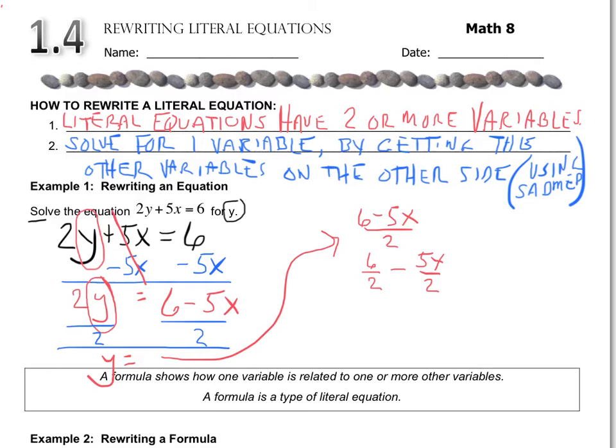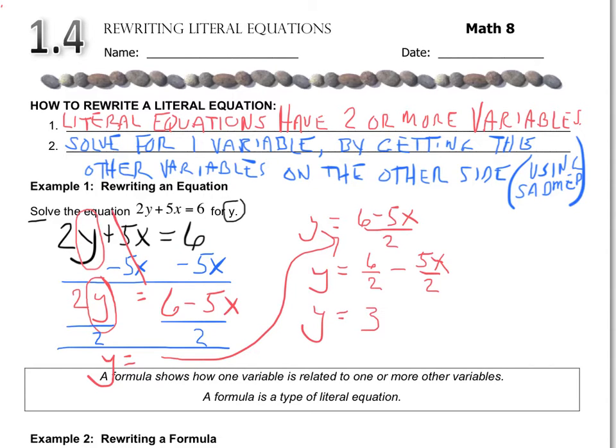When I'm dividing the whole side by this 2, where my terms in the numerator are adding or subtracting, the 2 has to go into both the 6 and the 5x. So if I look at those two separately, we can do 6 divided by 2, and I get 3.